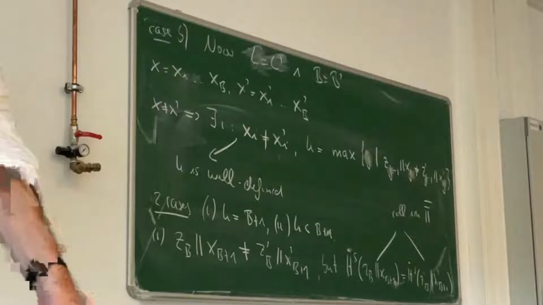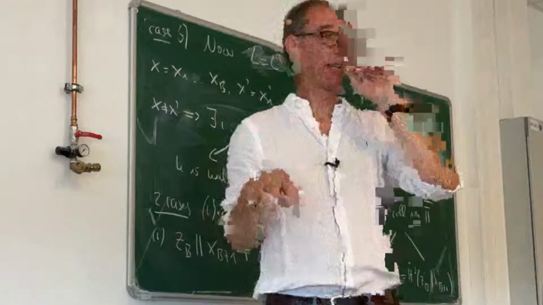I really want that, and that's why I had to do this case distinction. For b plus 1, there is no next index, whereas if it's less than b plus 1, I know there is a next block of concatenated things, and I can use that.